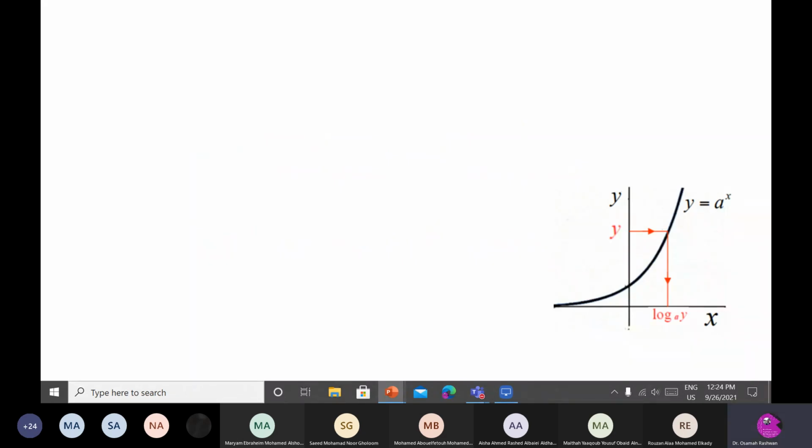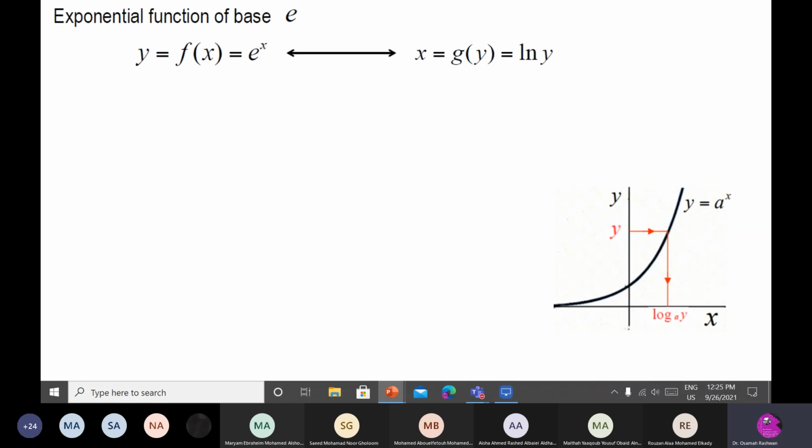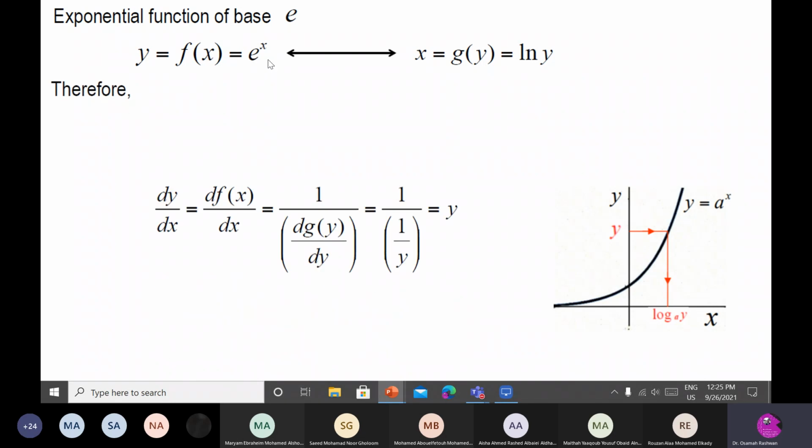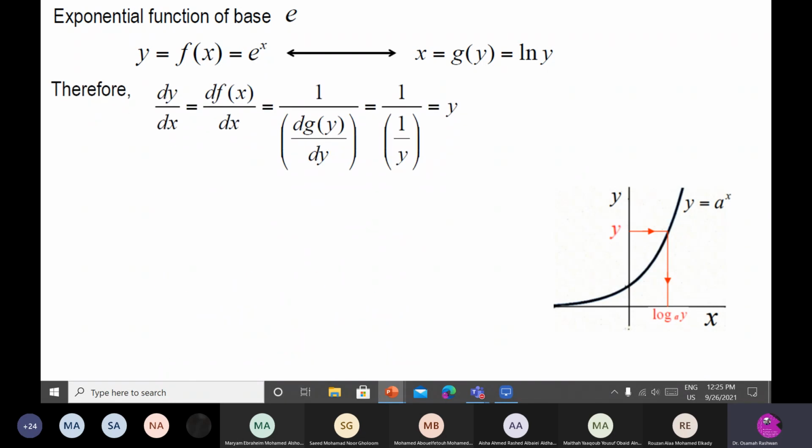Now let's go for the inverse function, which is the exponential function. How to find the derivative of the exponential function? If y equals f of x, which is e to the x, so you can write x as ln y. This is the inverse function. I know the derivative of ln y, which is 1 over y dy by dx. So I can find the derivative of the exponential function using the chain rule, right?